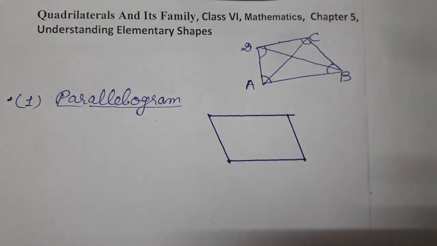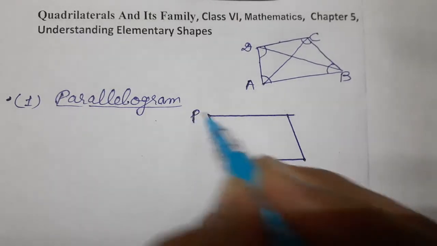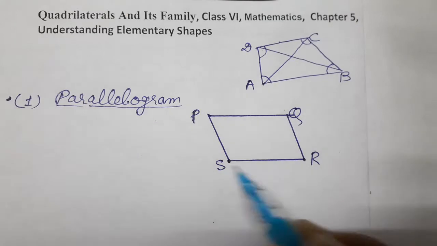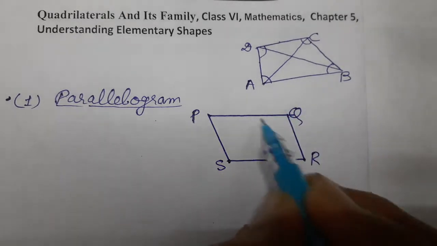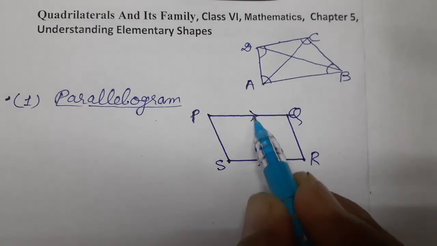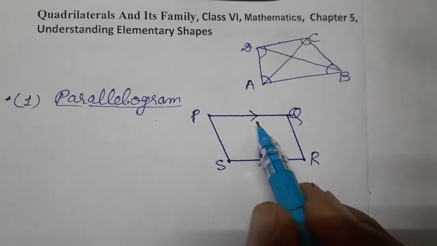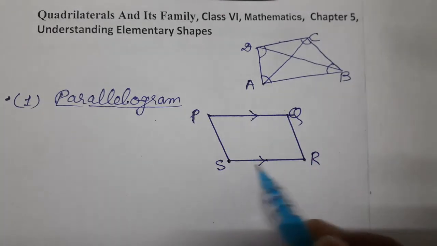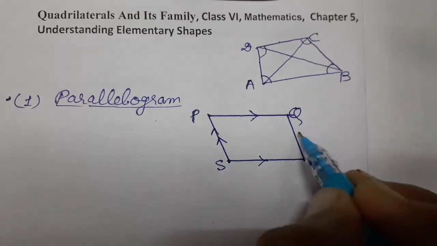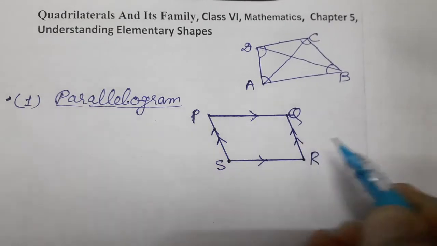So this is a parallelogram. You can name it P, Q, R and S. Here this PQ is parallel to SR. This is the symbol of parallel. This arrow shows that PQ is parallel to SR and PS is parallel to QR.